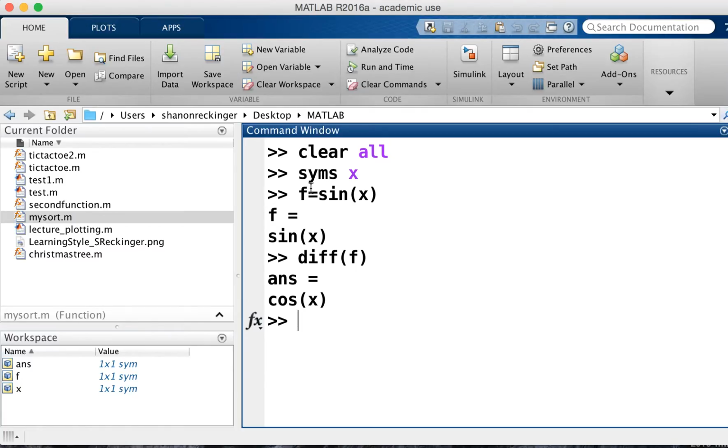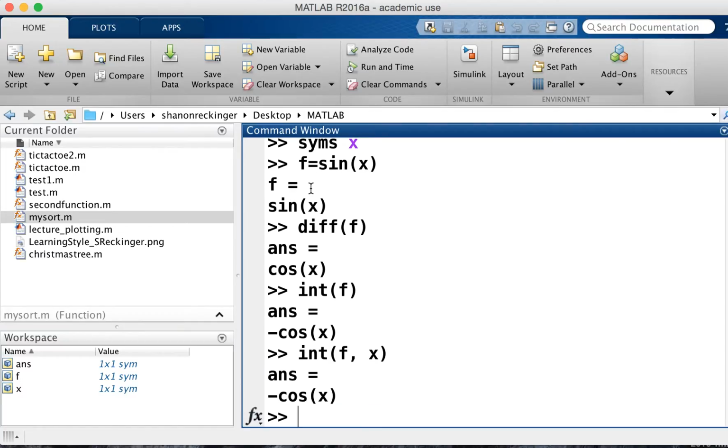Anyway, then for integral, it's int, sorry, int f takes the integral, and then there are additional inputs that you can provide. Some of this probably doesn't make sense quite yet with where many of you are in calculus, but you can have multivariable functions that depend on multiple variables. So you could not only integrate f, but tell it which way you would like to integrate it, with respect to x, y, z, and then you can also plug in numbers.